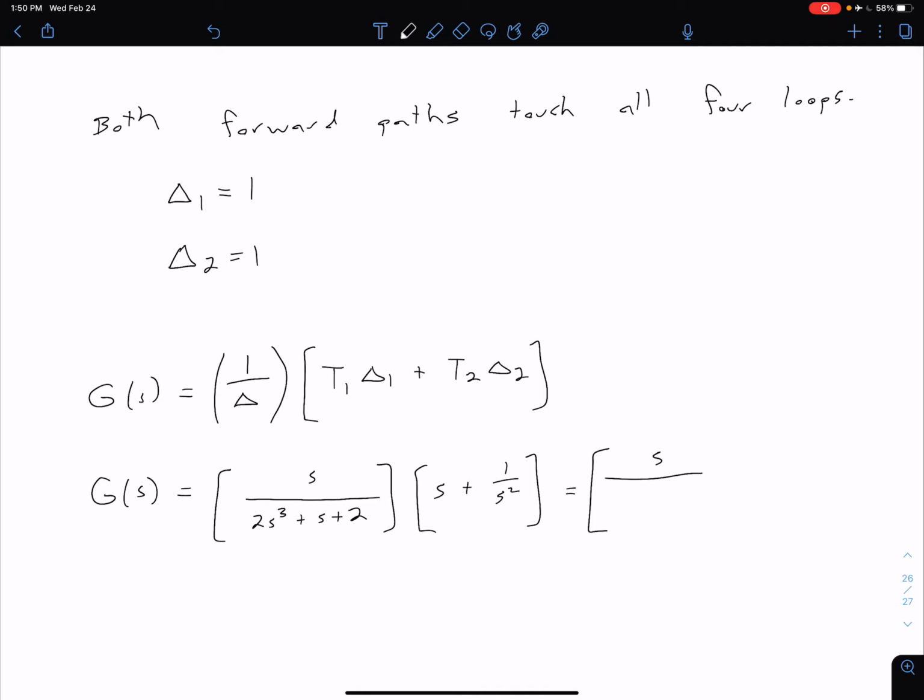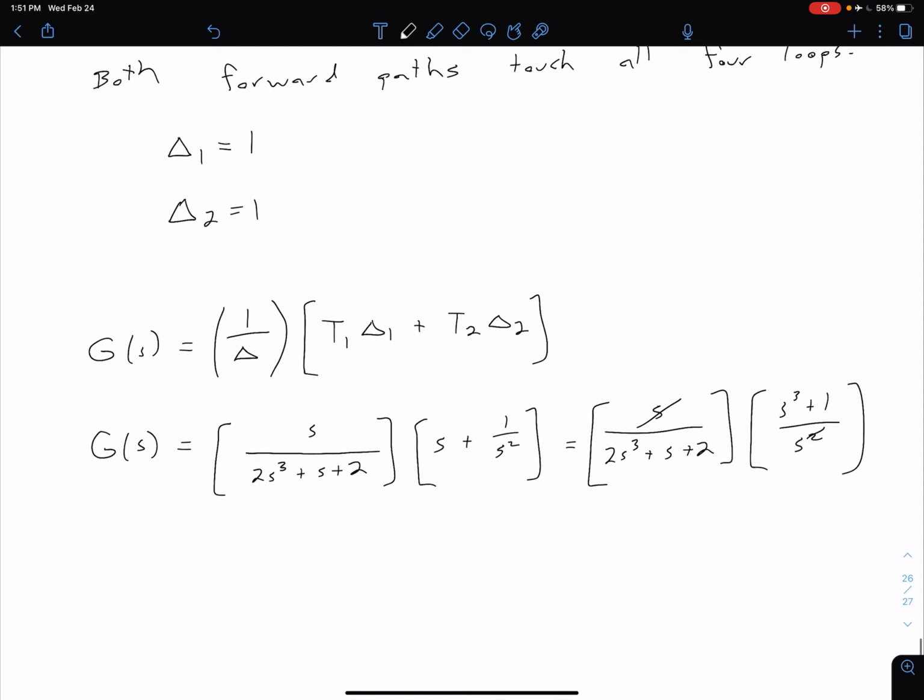So just copying our 1 over delta, we have s over 2s cubed plus s plus 2. And combining those two terms, we have s cubed plus 1 over s squared. Now, of course, we can cancel out this s with one of our s's in the denominator here.